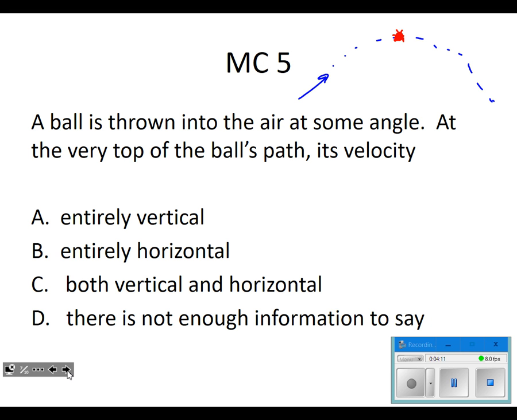Well, remember when we're going up and then when we're coming down. At this location, the velocity in the y is 0. But the velocity in the x has stayed the same because it was the same as it was down here. So that value's a Vx value. So at the very top, this is entirely horizontal because the vertical velocity's gone away.